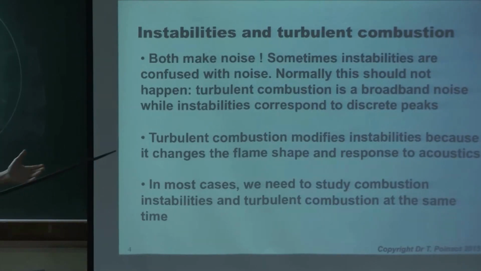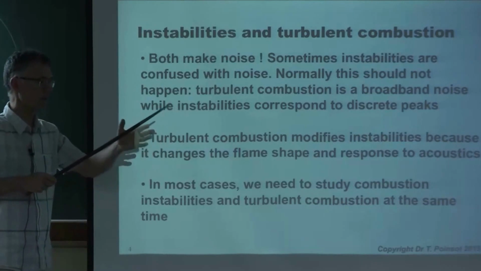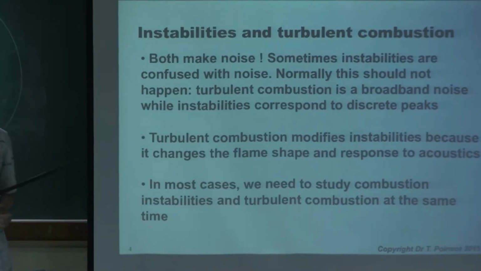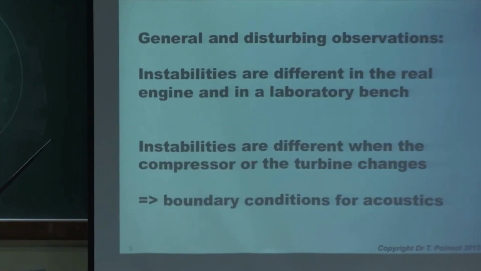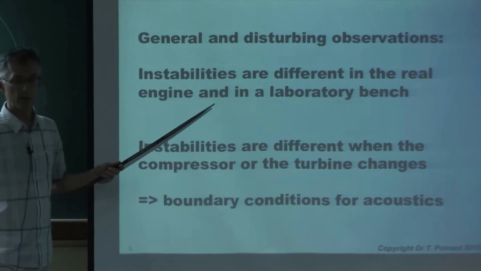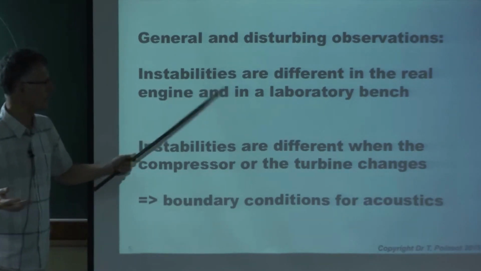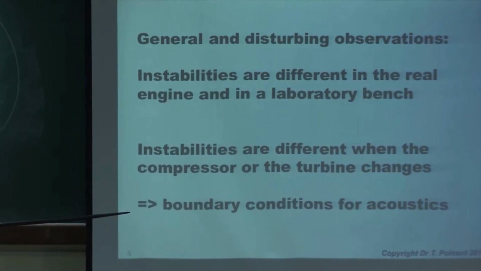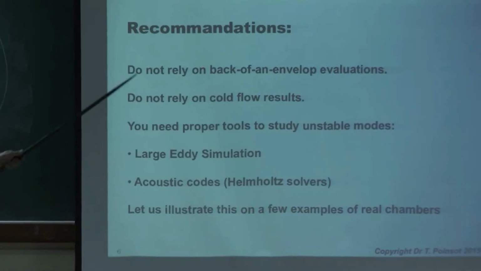So you can't really say that there's a world of stable flames with only noise and flames with instabilities. They go together. I've told you already that instabilities are different depending on the impedances. So clearly in the lab and in the real engine, you're going to have to care about the boundary conditions. So I've said that already.